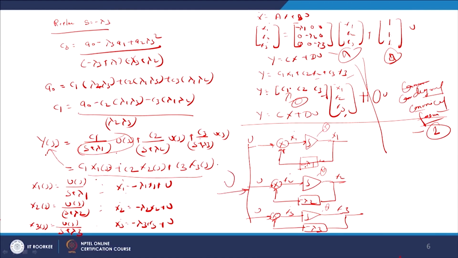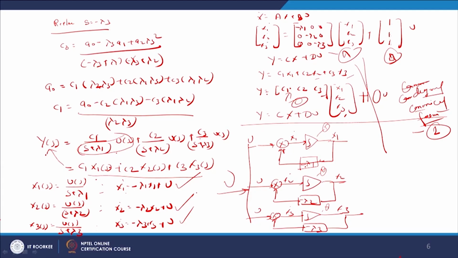So here we have drawn the block diagram of the system equations, that is x1 dot, x2 dot and x3 dot. But in the model the output is y equals Cx plus Du. So here we have to show the block diagram concerned with the output y.